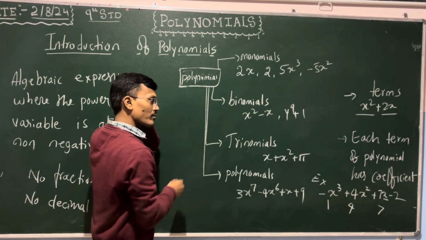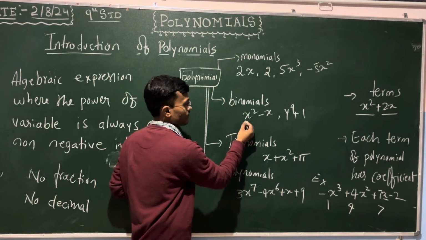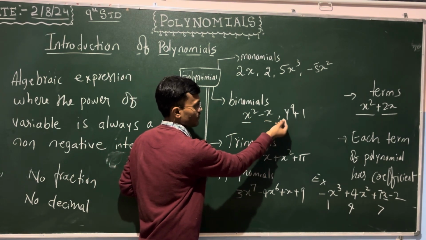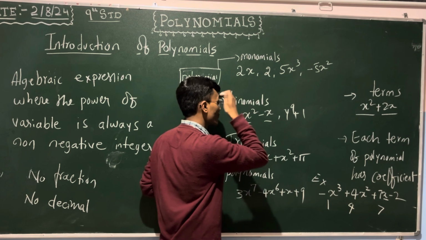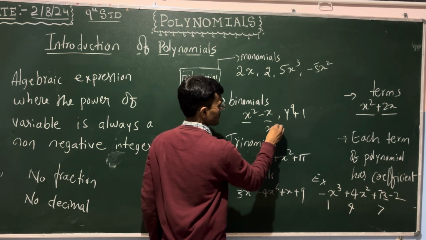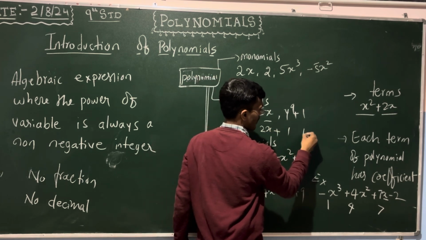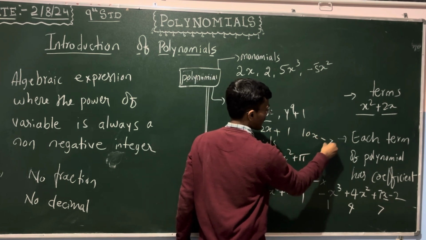Now binomial. A binomial consists of two terms, such as x square minus x, or y raised to 9 plus 1, or 2x plus 1, or 10x minus 7.